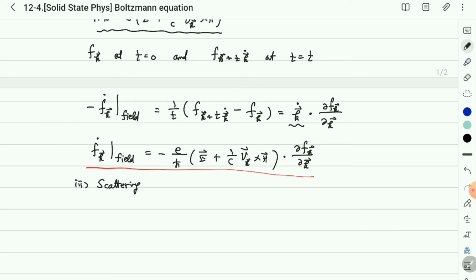And here, the total time derivative of the distribution function is: the first term is the diffusion, plus the f-dot k electromagnetic field term, and plus a retarding force. The retarding force comes from the scattering.